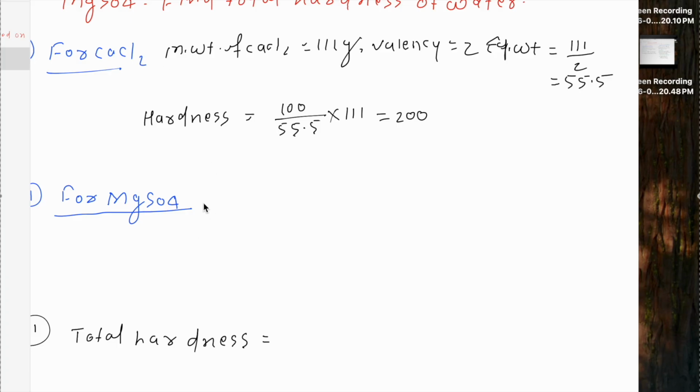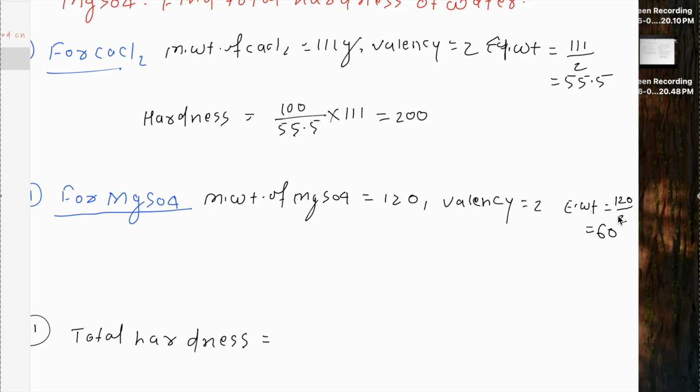Here magnesium sulfate is also given. What is the molecular weight of magnesium sulfate? The molecular weight of MgSO4 is equal to 120. Similarly, the valency is 2. Equivalent weight is 120 by 2, which is 60. Now find the hardness due to MgSO4.